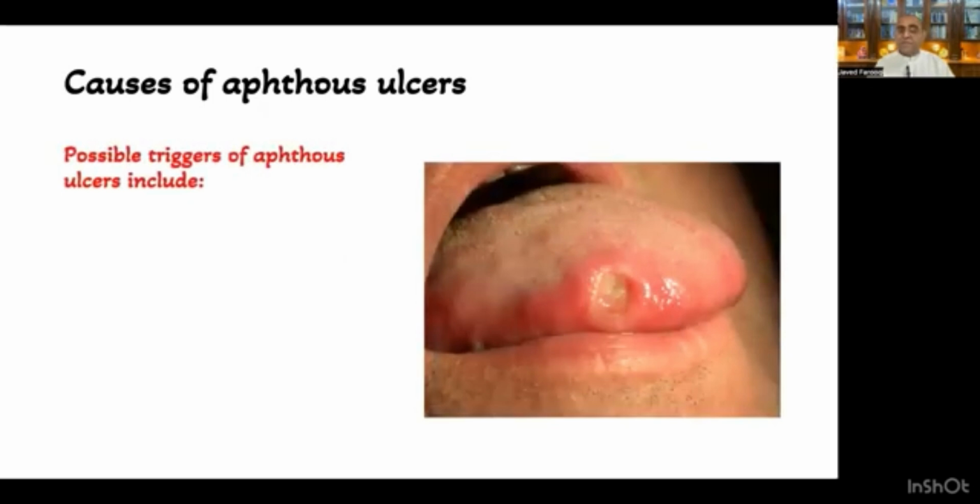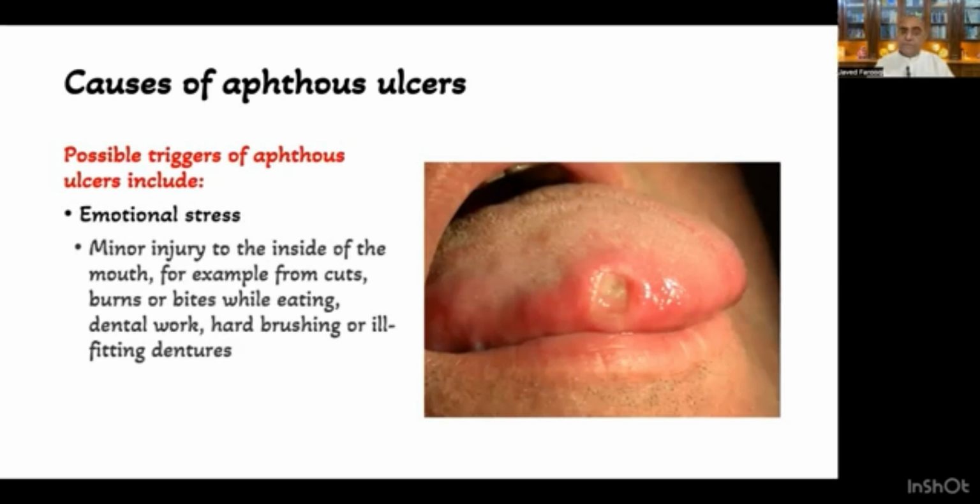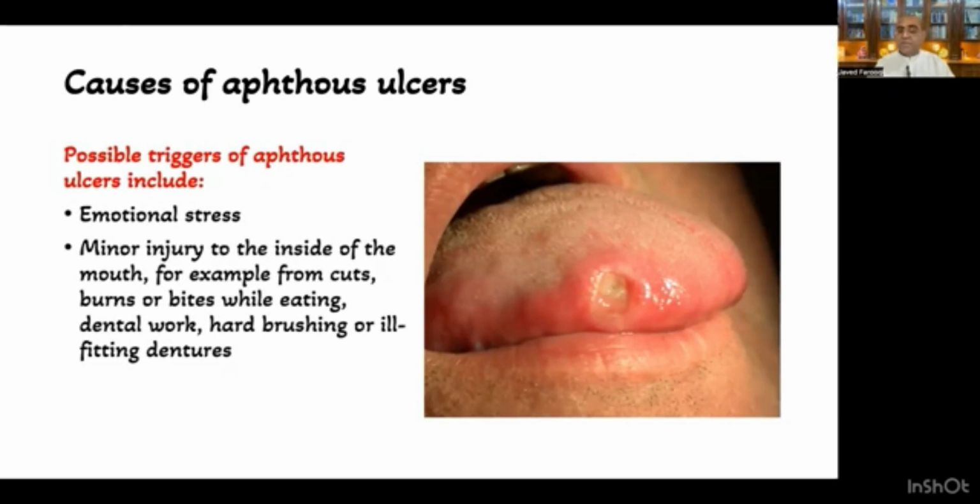Possible triggers of Aphthous ulcers include emotional stress, minor injury to the inside of the mouth, for example, from cuts, burns, or bites while eating, dental work, hard brushing, or ill-fitting dentures.